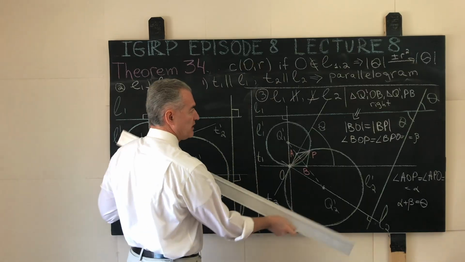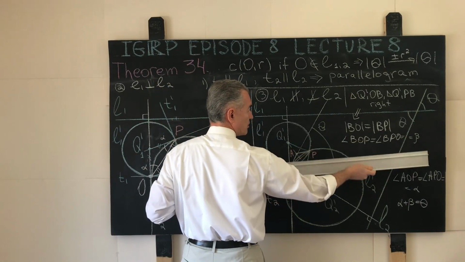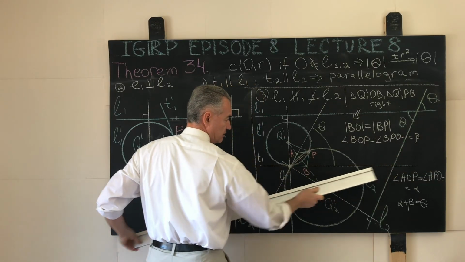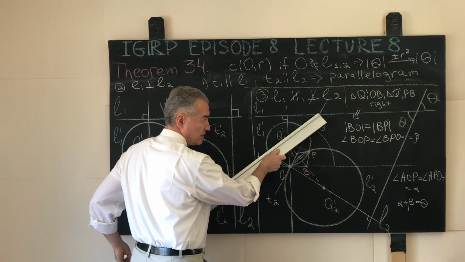They form again a parallelogram. What are the vertices of this parallelogram? Here, here, here, at the center of inversion, and right here.